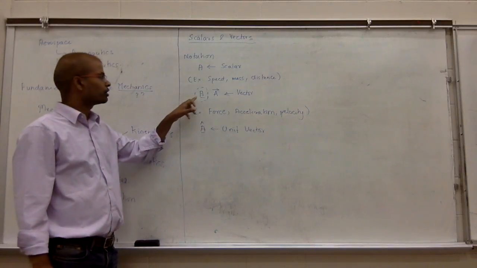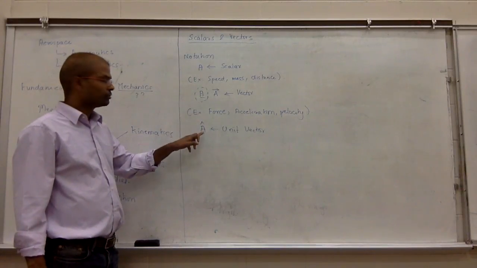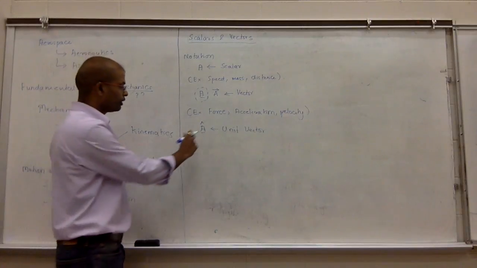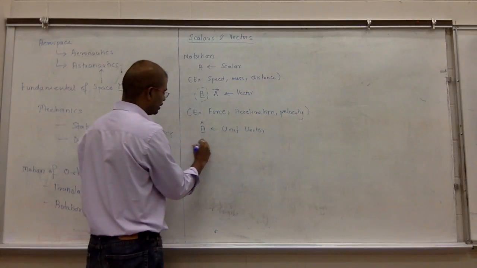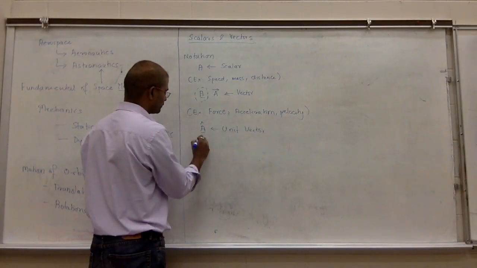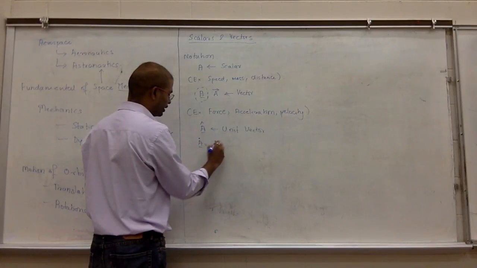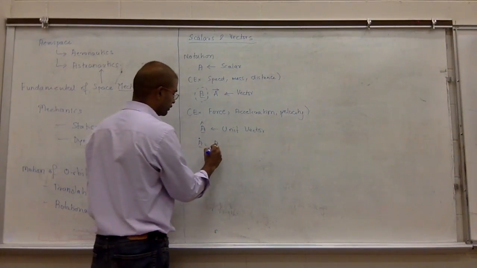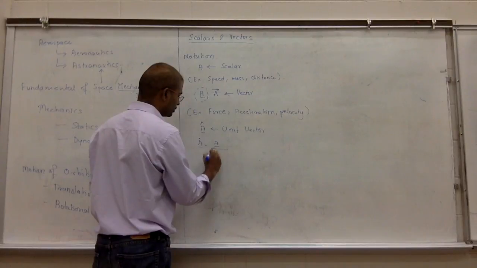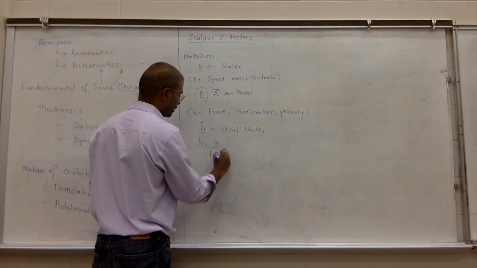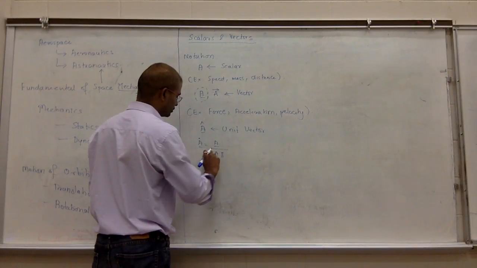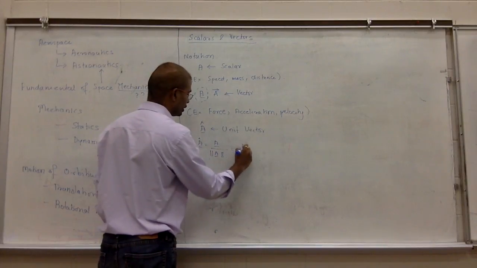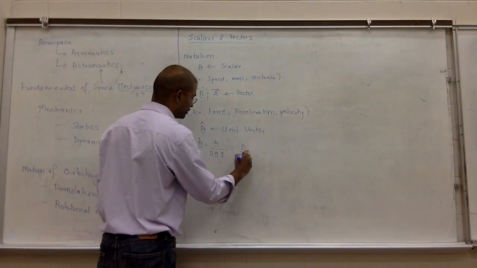So this is a vector, this is a unit vector. And how do you define this? A hat is defined as vector A divided by the magnitude of that vector.